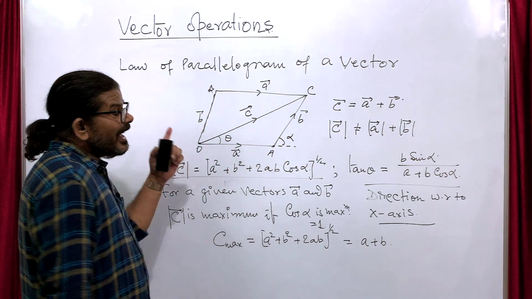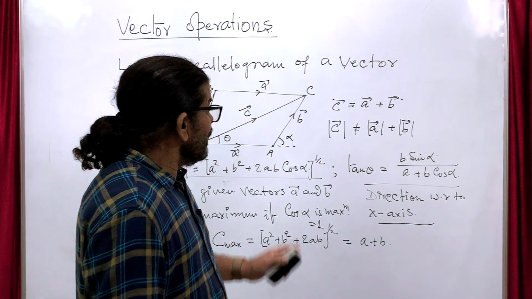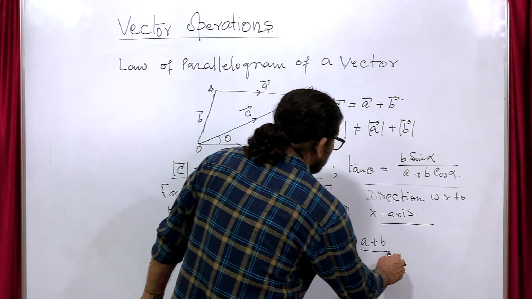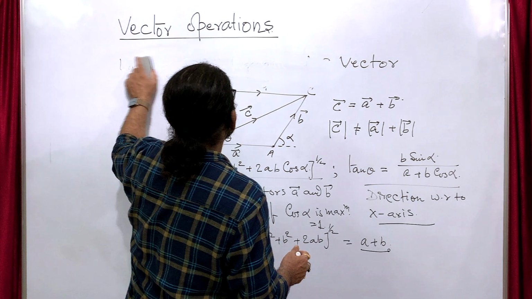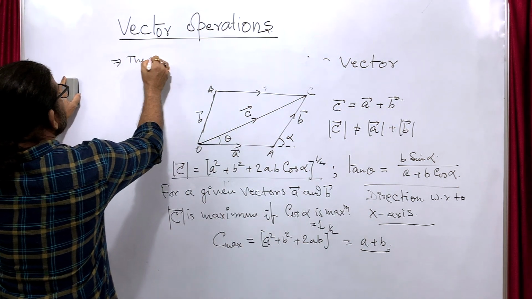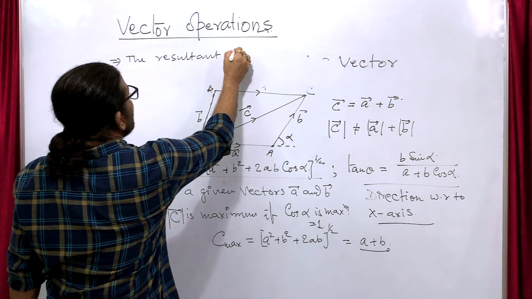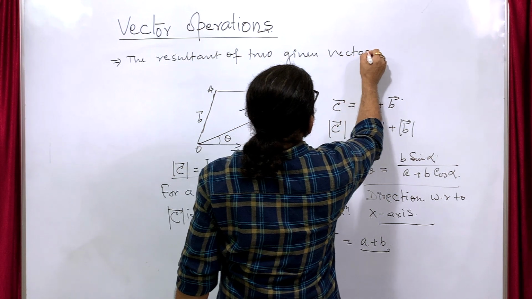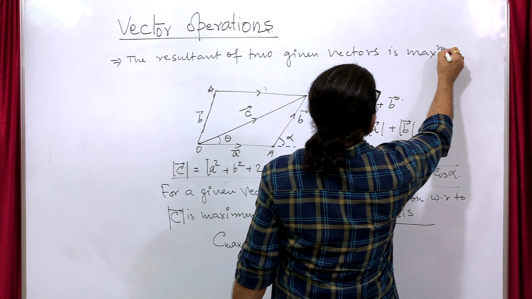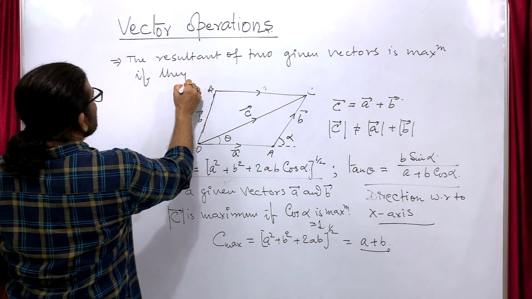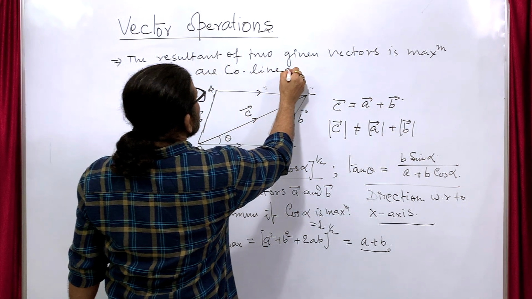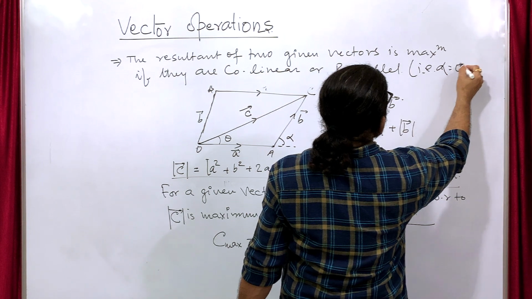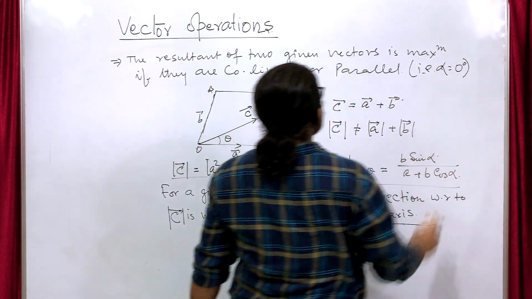It means that if the angle between the two vectors is 0, or when the two vectors A and B are parallel, then the resultant will be A plus B. So the resultant of two given vectors is maximum if they are collinear or parallel, that is, alpha equal to 0 degree.